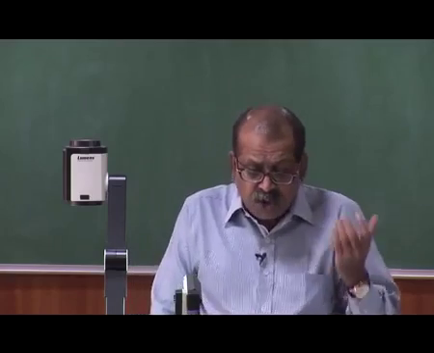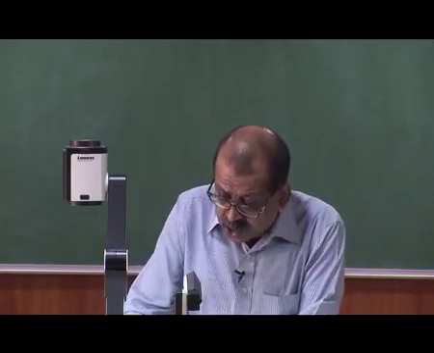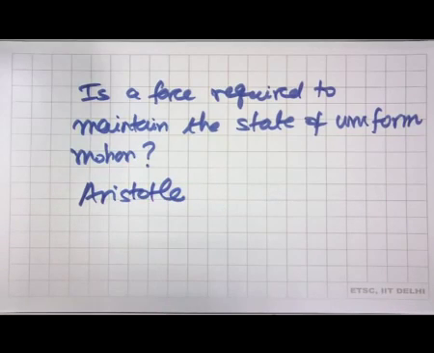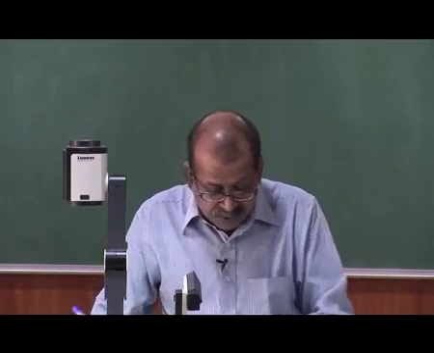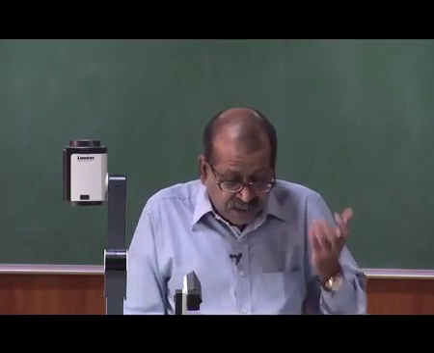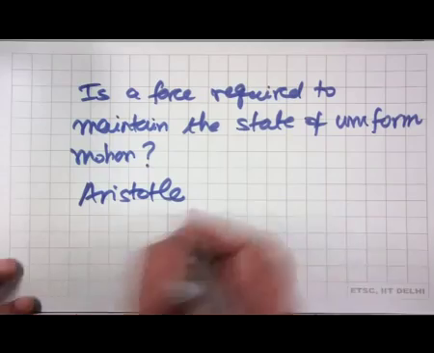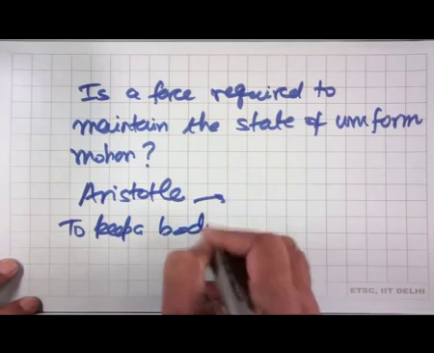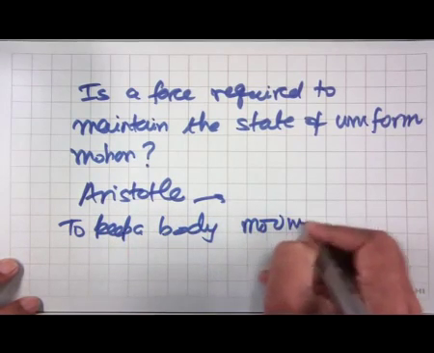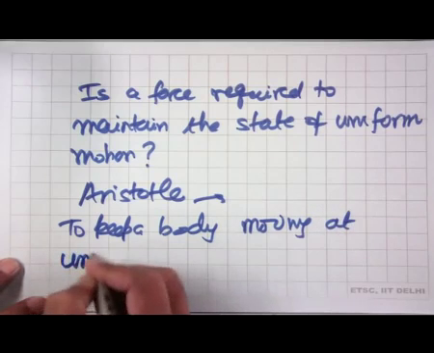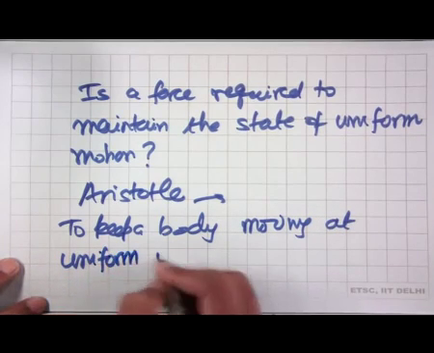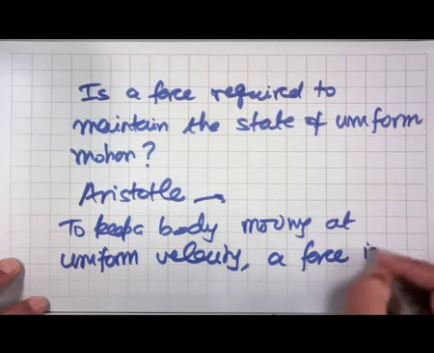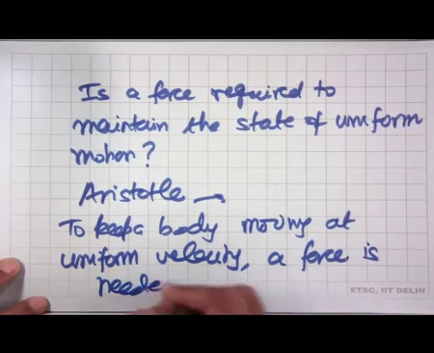And for a long time, Aristotle, the Greek philosopher who lived around 322 BC, had the idea that to keep a body moving at uniform velocity, a force is needed.